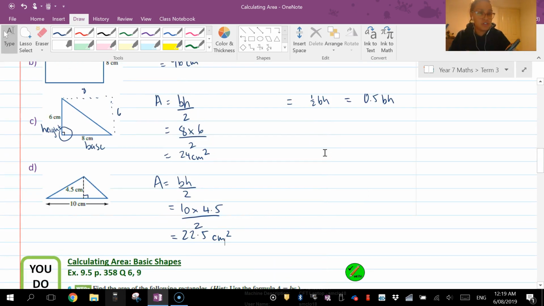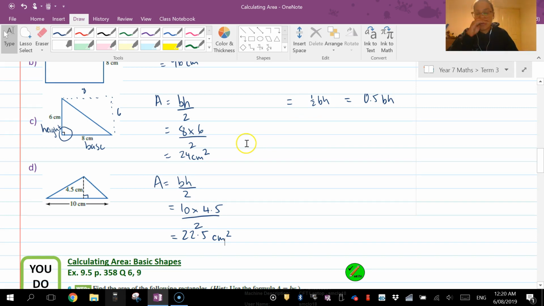So what I'll just show you is, I don't know if you can see that, but that is pretty much what I put into my calculator, and I went equals, and it gave me that answer there. I'm hoping that actually comes out the right way for you, but it's 22.5.